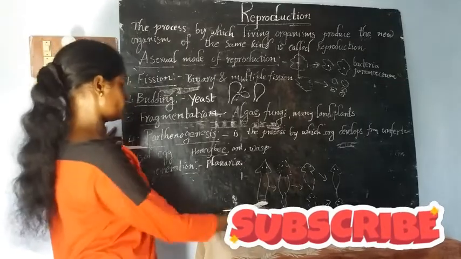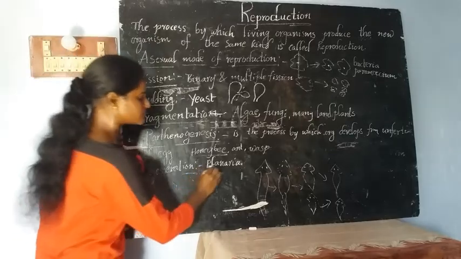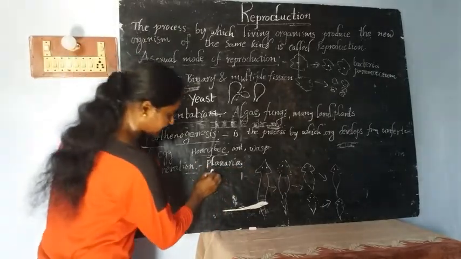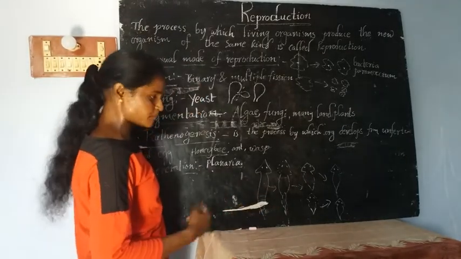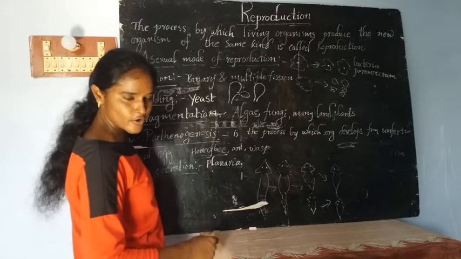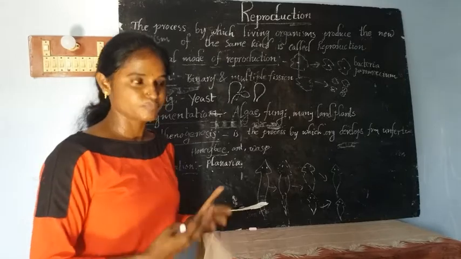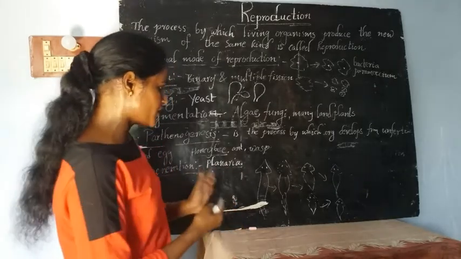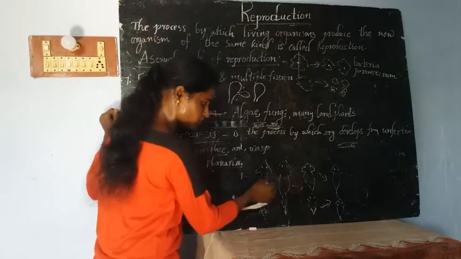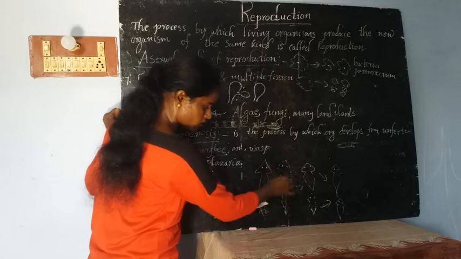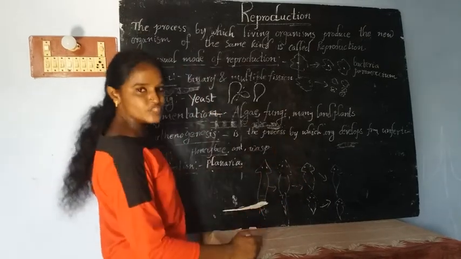The last mode of asexual reproduction is regeneration. Regeneration is somewhat similar to fragmentation. The best example for regeneration is planaria. Here, if the body of a planarian or some other multicellular organism is unfortunately broken down or cut, each piece of the body may grow into a new individual.